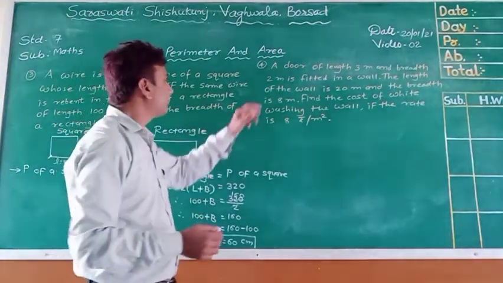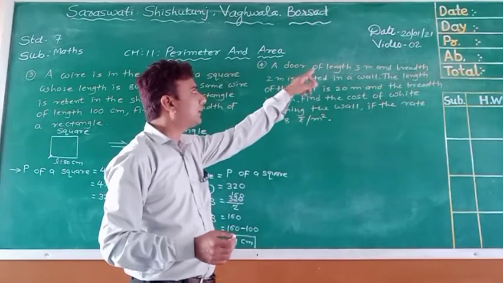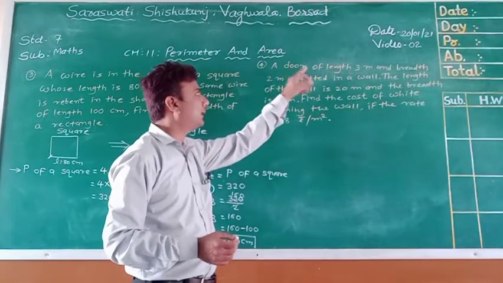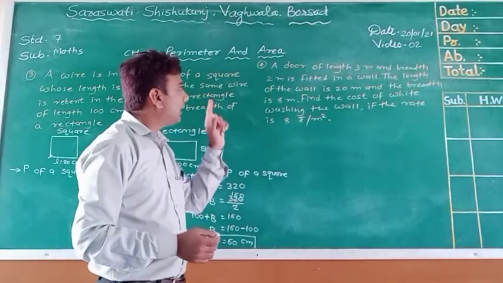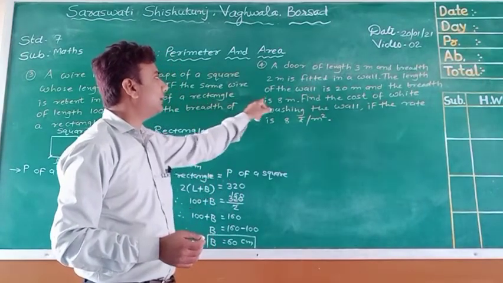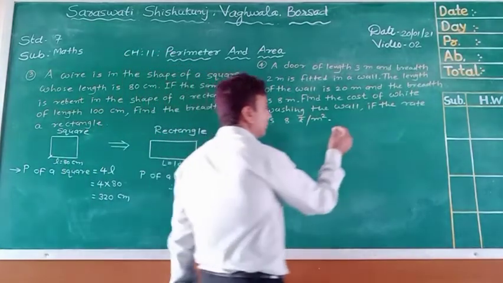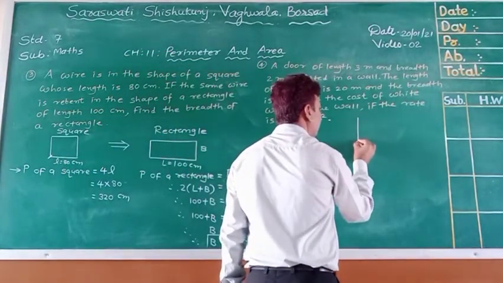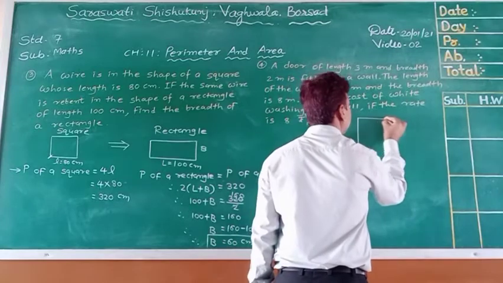Now next sum: a door of length 3 meter and width 2 meter is fitted in a wall. The length of the wall is 20 meter and the width is 8 meter. Simply suppose this is a rectangle-shaped wall.